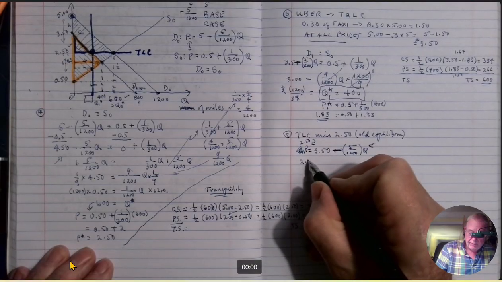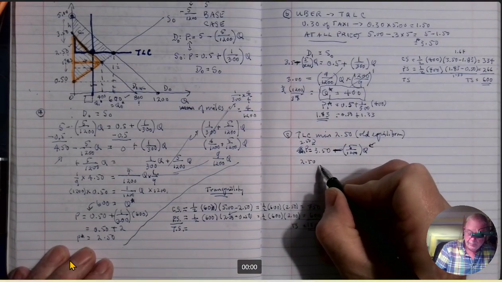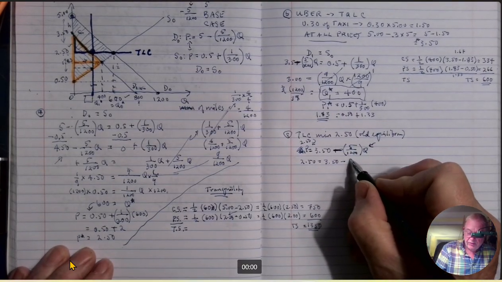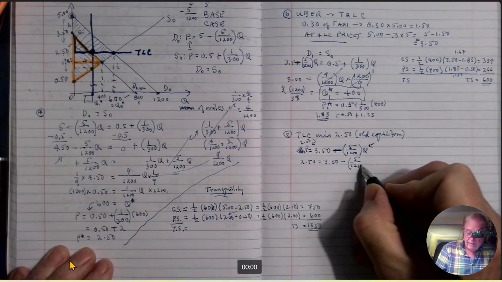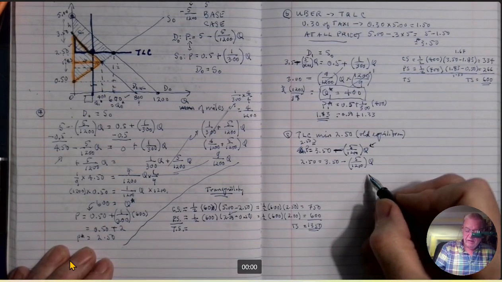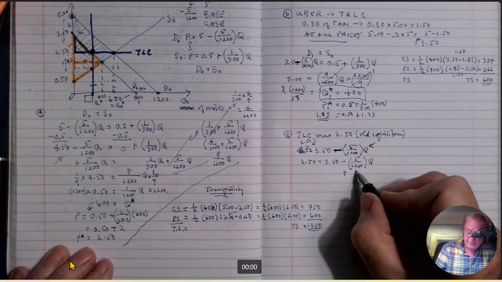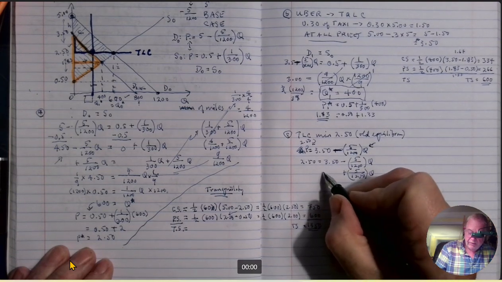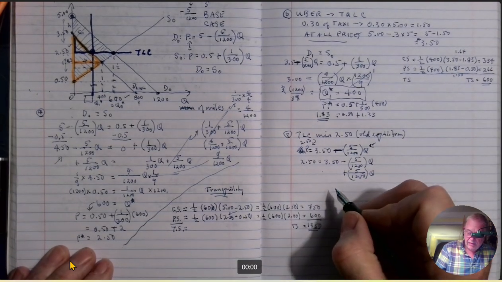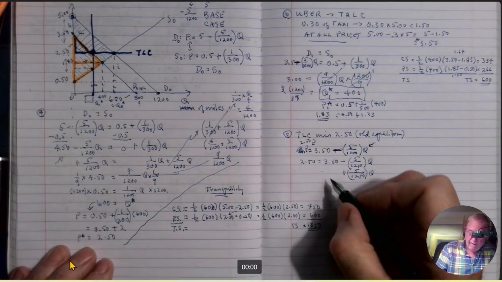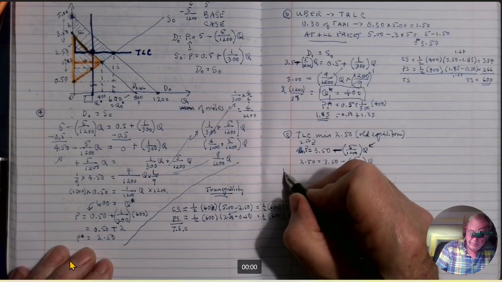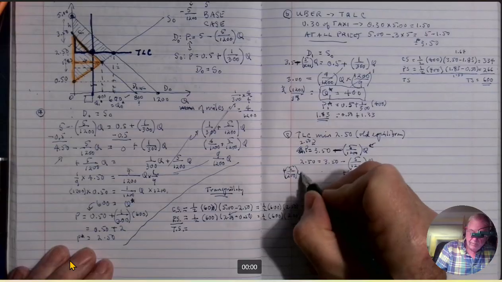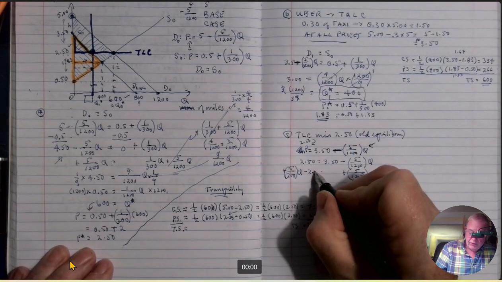So we set $2.50 equals $3.50 minus 5/12 Q. Add 5/12 Q to both sides, and subtract 250 from both sides.